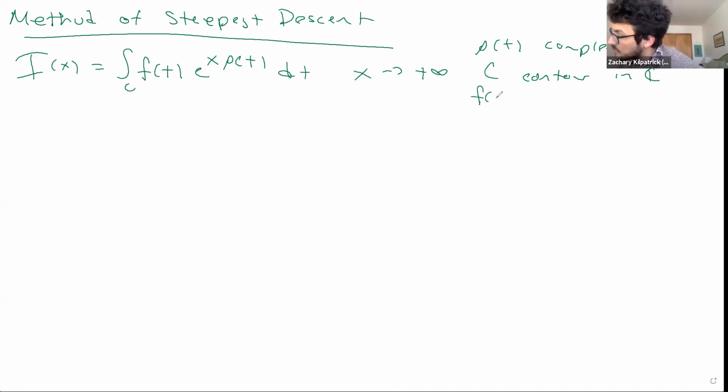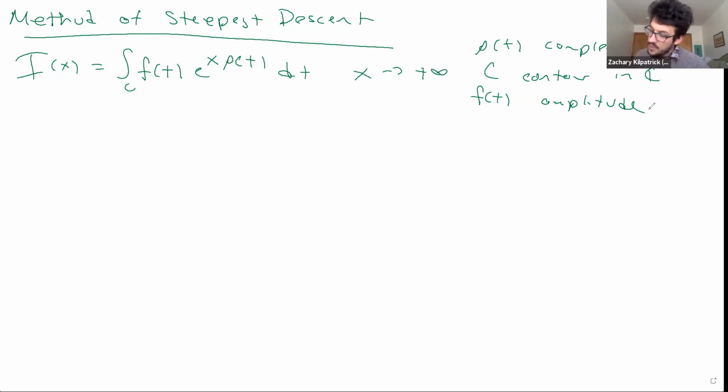Then we call f of t the amplitude. We remarked that we're going to use some concepts from complex integration to solve this, some complex analysis concepts for analytic functions.